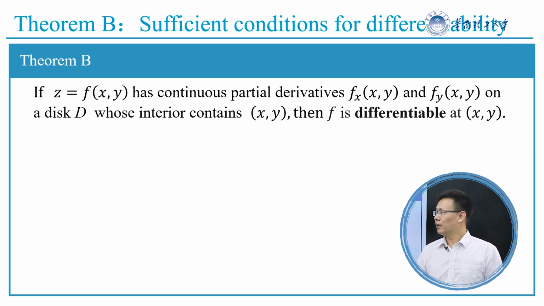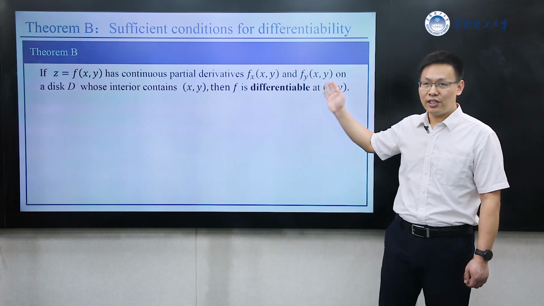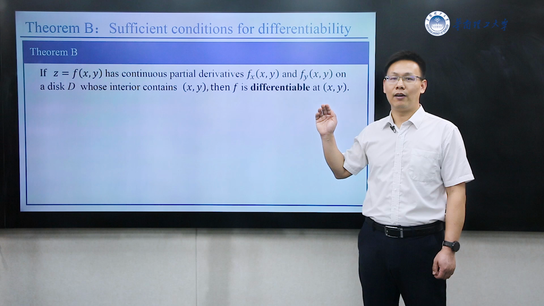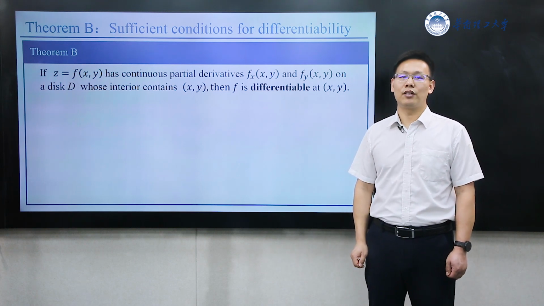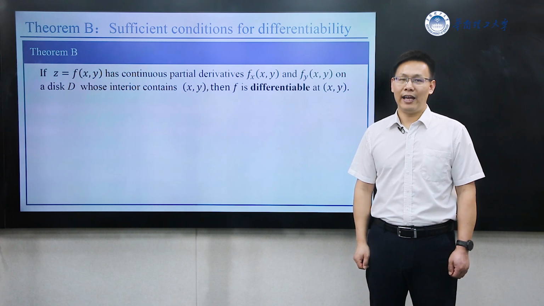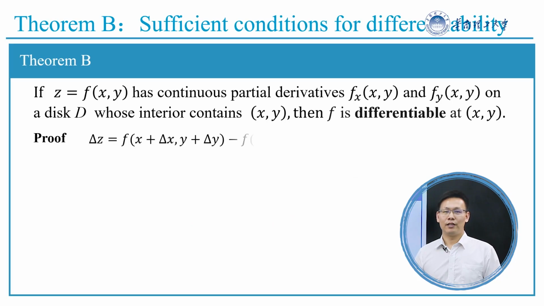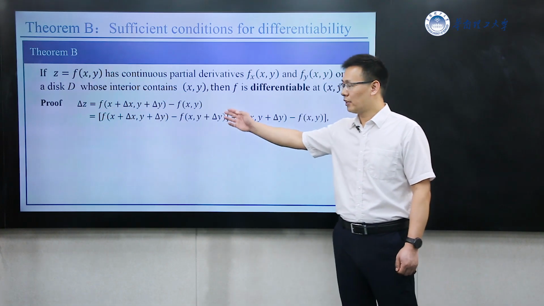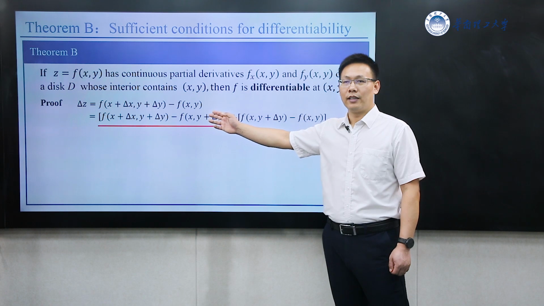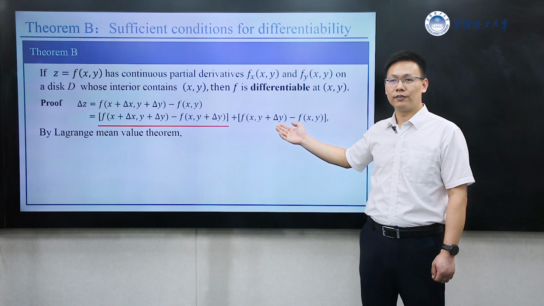Theorem B. If z = f(x,y) has continuous partials fx and fy on a disk D whose interior contains (x,y), then f is differentiable at (x,y). Proof: the total increment Δz equals this expression. It can be rewritten as the following two terms.